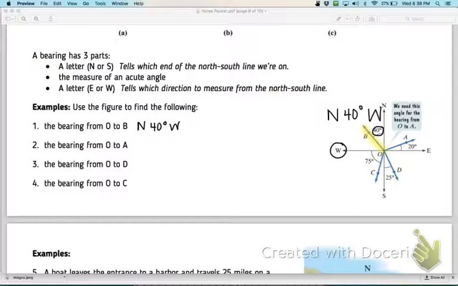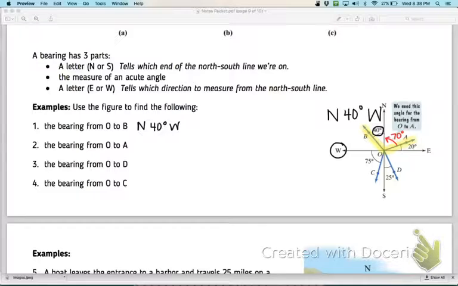Now from O to A, this is a little bit different. Again, this is above that midline, so it's going to be another north. To find the degrees, 20 degrees is an acute angle, but the angle has to measure to the north-south line. So that would actually be 70 degrees.